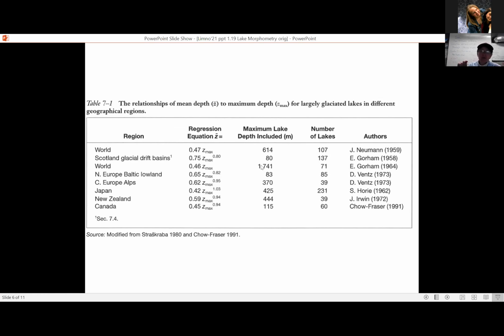What was the relationship between the mean depth and the maximum depth? Well, if you just take all that data and make a scatter graph and fit a line to it, what's the formula for the line? That is what this data shows, the formulas for the line when people graph this.